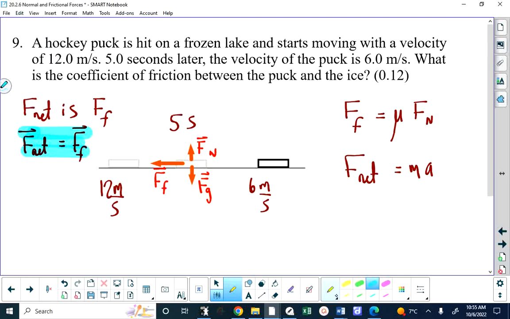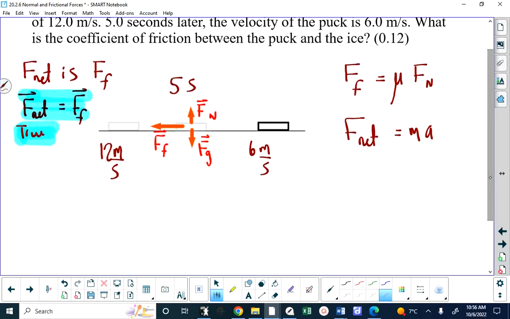This is a true statement, okay? My question to you is, is this a true statement? It's not. Those two forces are not equal. They're equal but opposite. This is false.